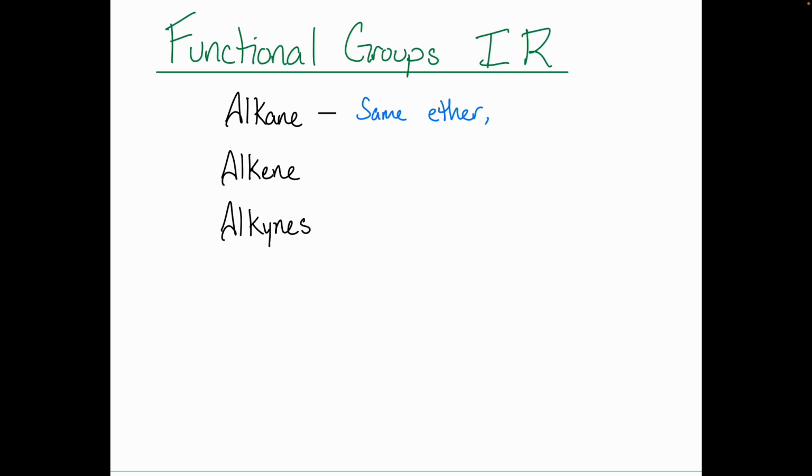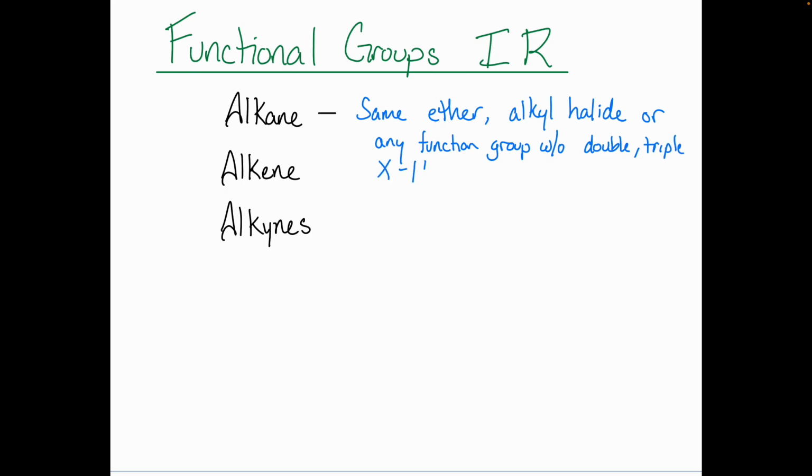Same as an ether or an alkyl halide, or any functional group without double, triple, or XH bonds. Right, so an alkyl halide, that chlorine-carbon bond, again, that appears in the fingerprint region. So you wouldn't see that. It's going to be blended in with a bunch of other hard-to-read peaks.